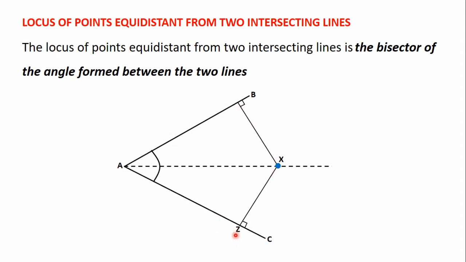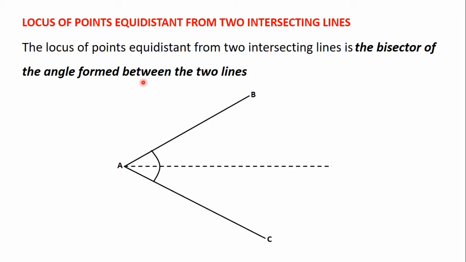Let's call this point Z and this one point Y. The distance between X and Z will be XZ, and the distance between X and Y will be XY. Because this bisector gives us the locus of points equidistant from the line AB and the line AC, the length of the line XY will be equal to the length of the line XZ.